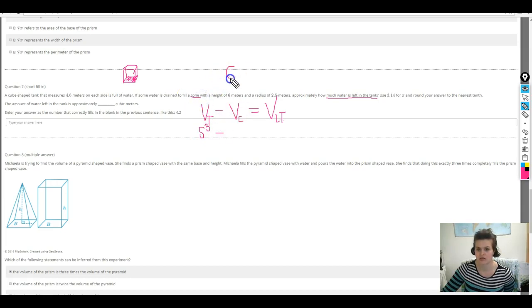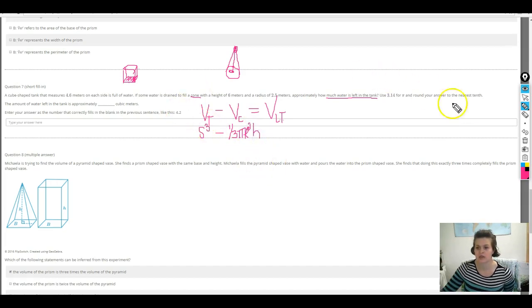A cone is a circular base that comes up to a point, and our height is measured from the center up to our vertex, and so the area of that is 1/3 our base area, which is a circle, which the area of the circle is pi r squared, times the height.